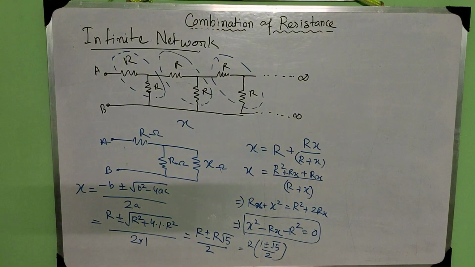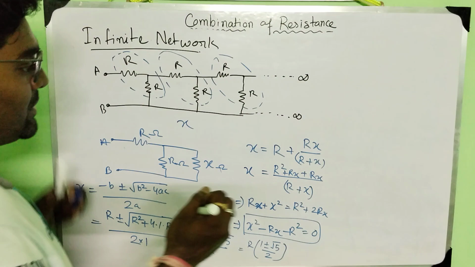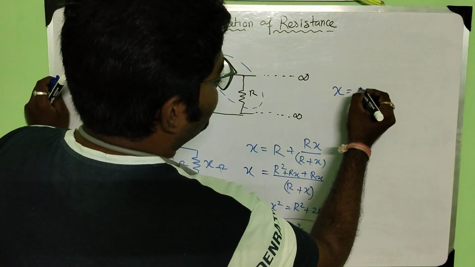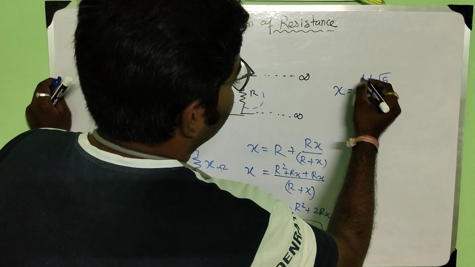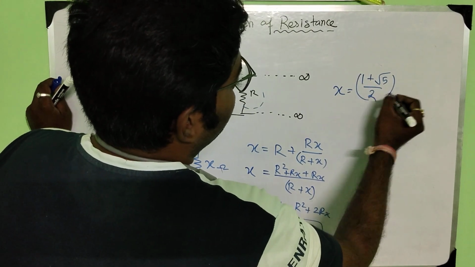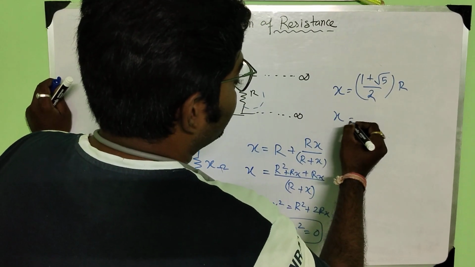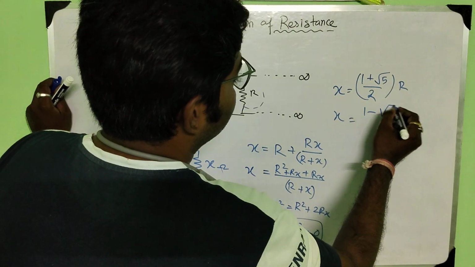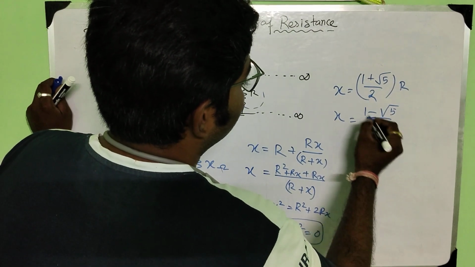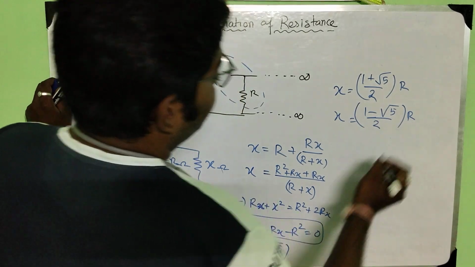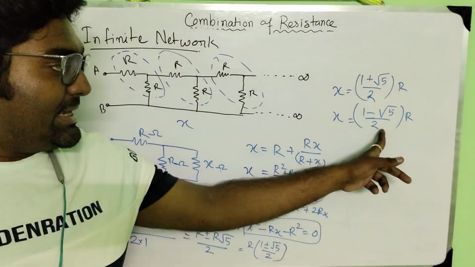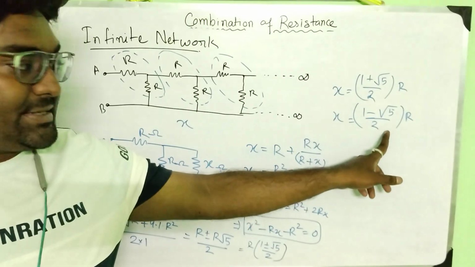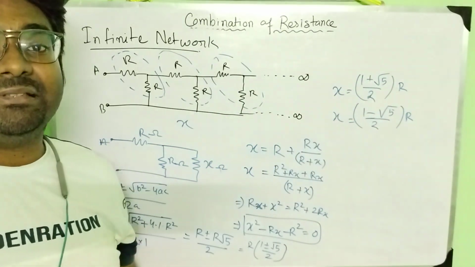Now we will see. So x comes as 2 values, that means 1 plus root 5 by 2 into R, and the second one is 1 minus root 5 by 2 into R. Now in this case you will see the value will come as negative.